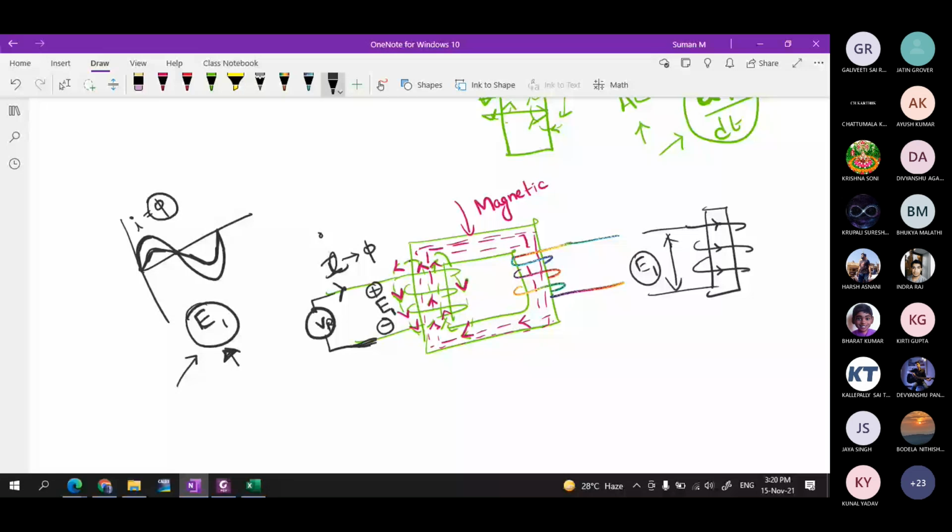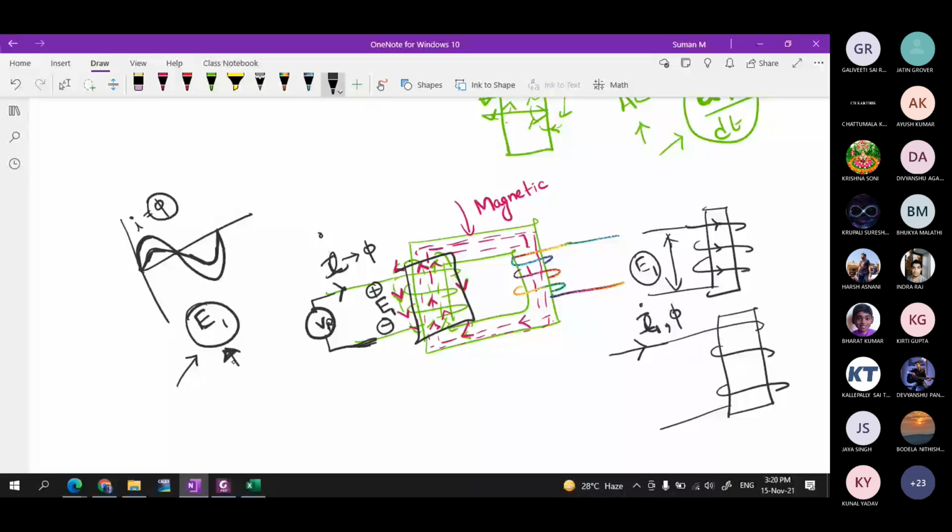How we can give the polarity is, this is the core. Actually, you consider this part as a leg. That leg alone we have drawn. Now you are going to have the winding. Now we are having one thing, that is the current. Let's consider that this is I1. This current is flowing through this path, then it is going to establish a flux, that is flux phi.